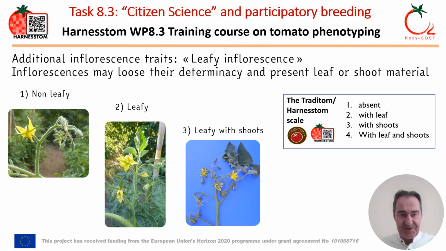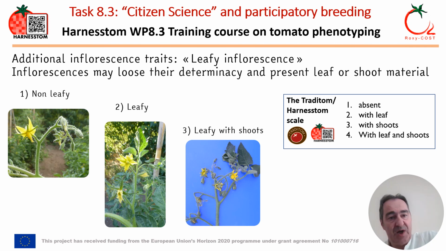Another inflorescence trait that is not reported in the CPVO protocol, but that we usually consider in our screenings, is the degree of determinacy of the inflorescence. Normally, the inflorescence is determinate, meaning that the inflorescence meristem ends the structure with the last apical flower.